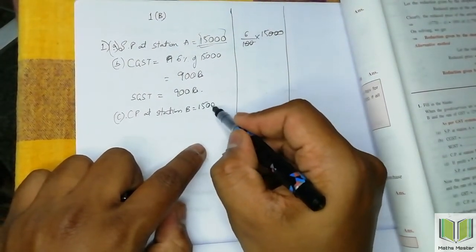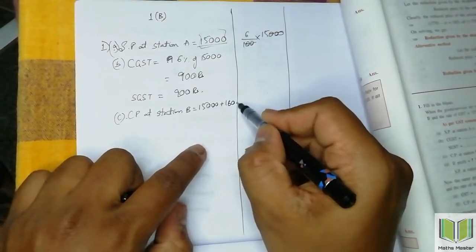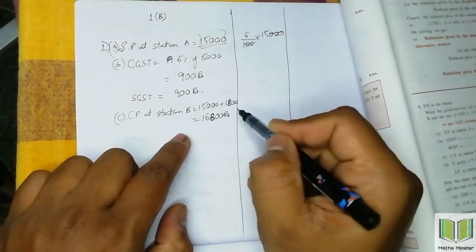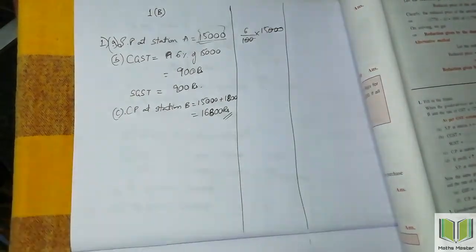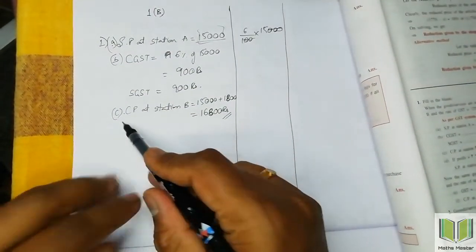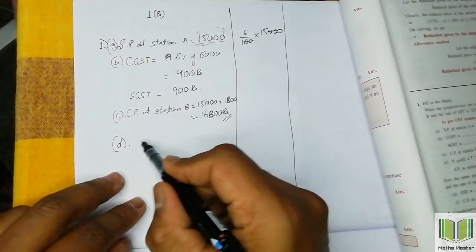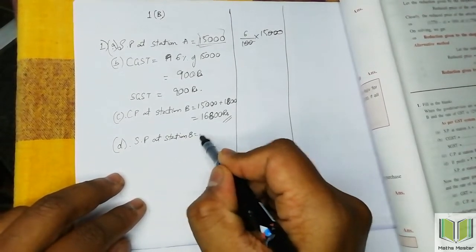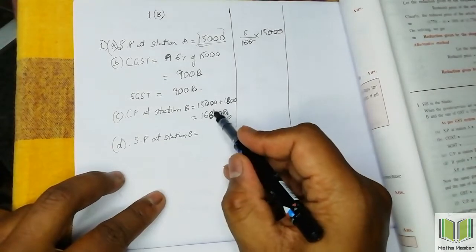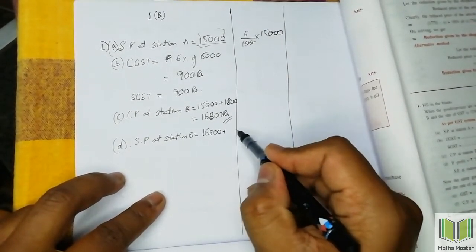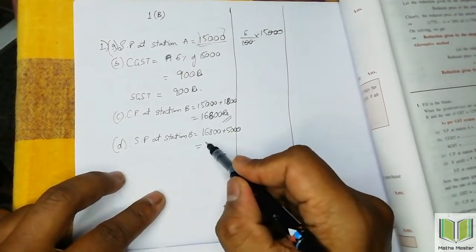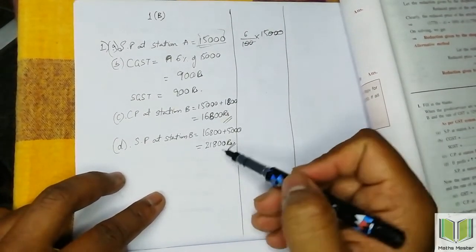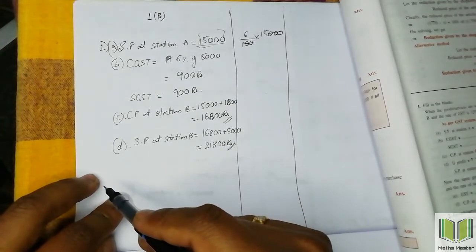So 15,000 plus the tax amount of 1,800 is equal to 16,800 rupees. 16,800 rupees will be the cost price at station B. Now if profit made at station B is 5,000, so selling price at station B is equal to how much? 16,800 plus 5,000, which is equal to 21,800 rupees. 16 plus 5 is 21, so 21,800 rupees will be the selling price at station B.